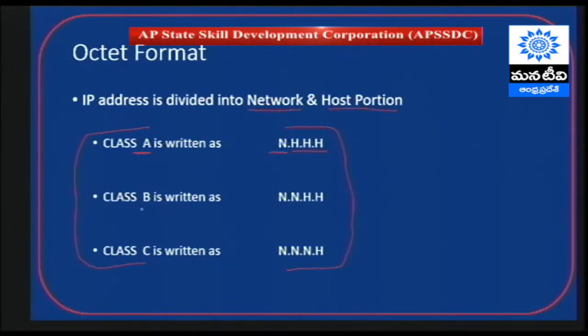Similarly, class B has 2 octets as network bits and 2 octets as host bits. And in class C, we have 3 network octets and only 1 host octet. So N represents the network portion, H represents the host portion.